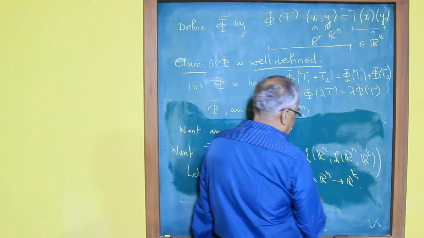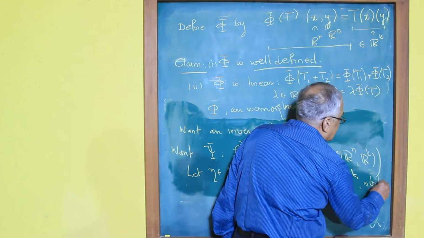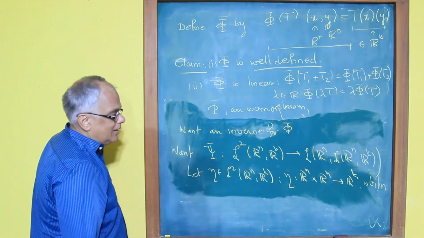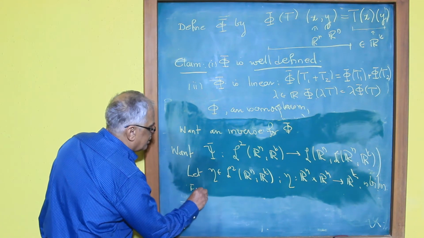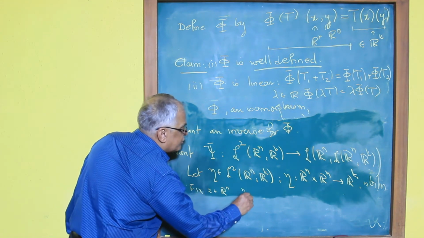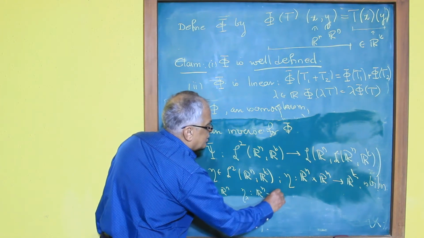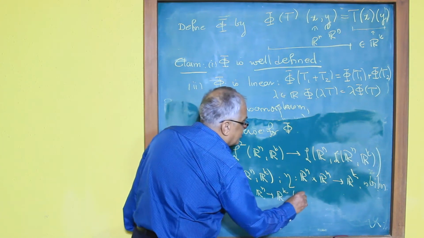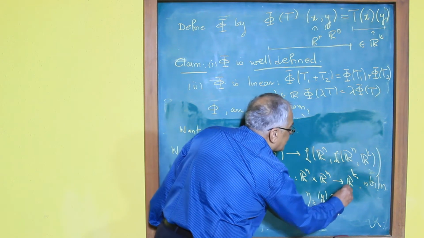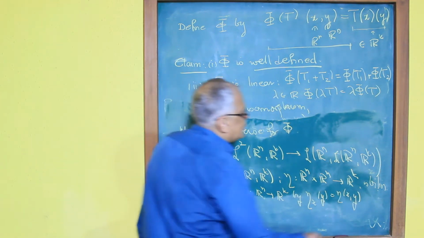Now eta is a map from Rn cross Rn to Rk that is bilinear. What does bilinear mean? Fix x in Rn, eta sub x, which is a map from Rn to Rk by eta sub x of y, is linear in y.